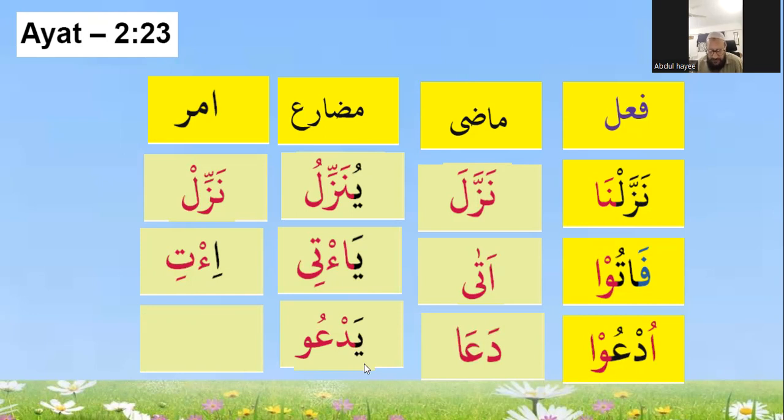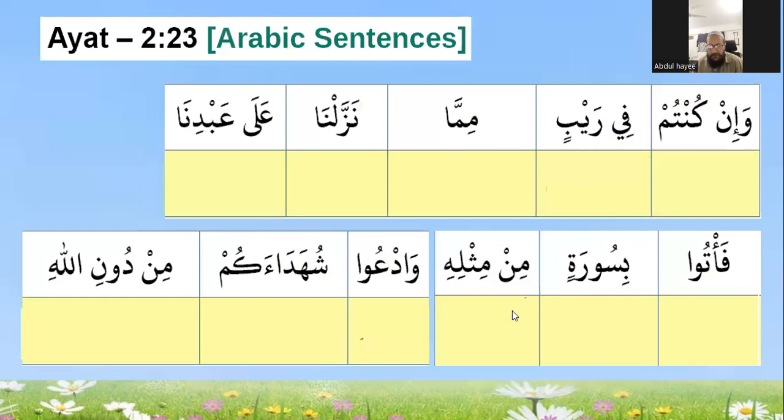We remove the ilamat mudare, we remove the weak letter, and if it's not readable, we add a hamza and put the dhamma if there is dhamma on the end of the word. So it will be ud'u. And the plural is ud'u.